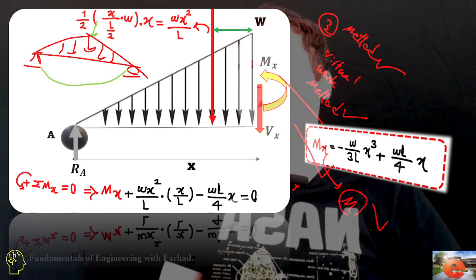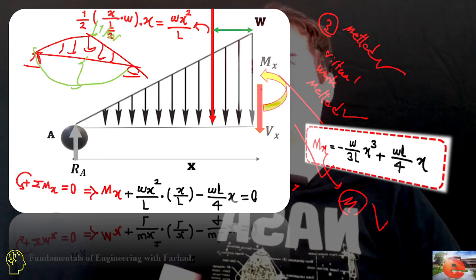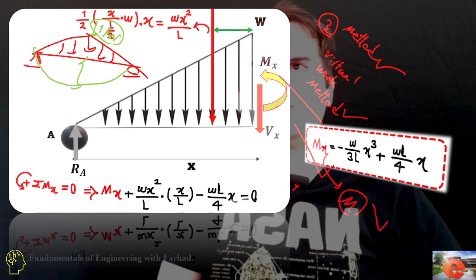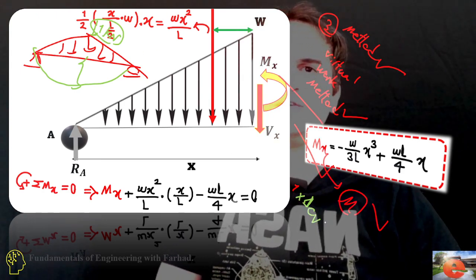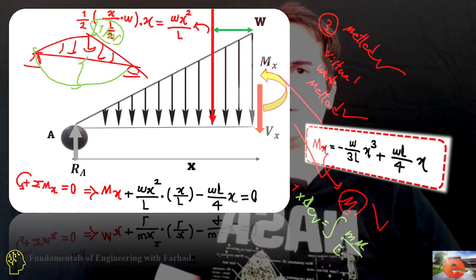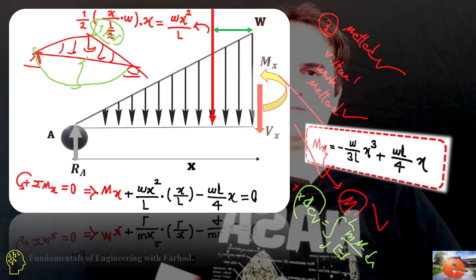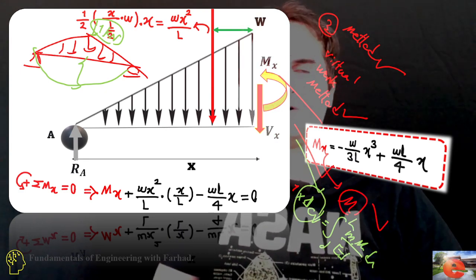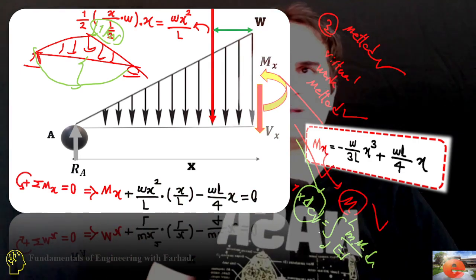To calculate delta at the center, we apply 1 unit of load there, and the equation is 1 times delta C vertically equals the integral from 0 to L of small m times capital M over EI dx.